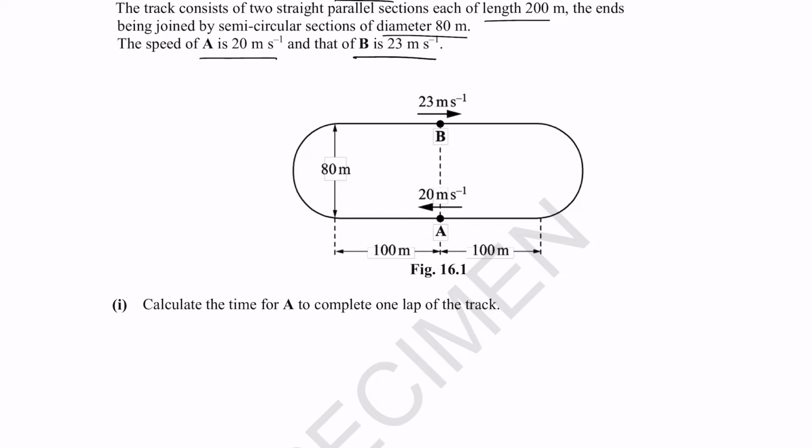Okay, so for A, we need to figure out the distance that it travels because we know the speed. The distance traveled is 200 and another 200, right? So over here 200, over here as well 200, plus these two semicircles which make up a circle, and the circumference of a circle is given by pi d.